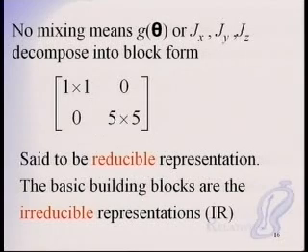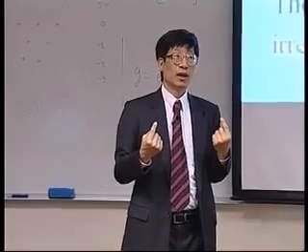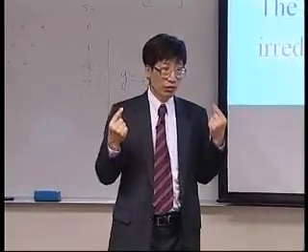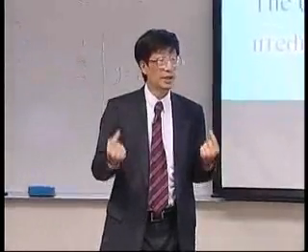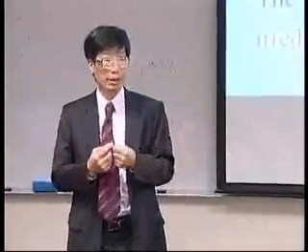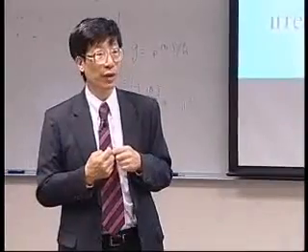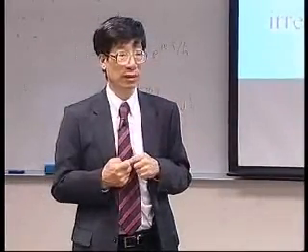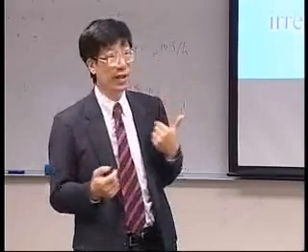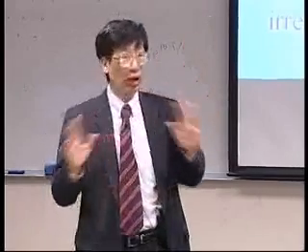Okay? A representation such as this, where the generators or the rotation operators break up into block form, is called a reducible representation. And if it cannot be further broken, in fact, in this example, the 5 times 5 cannot be further broken.